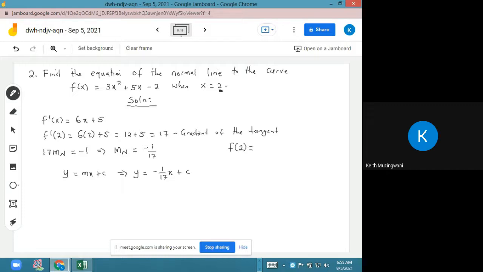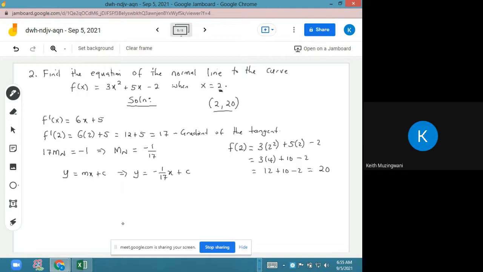So f of 2 is 3 times 2 squared plus 5 times 2 minus 2, which is 3 times 4 plus 10 minus 2. That's 12 plus 10 minus 2, which is equal to 20. So we have a point (2, 20).